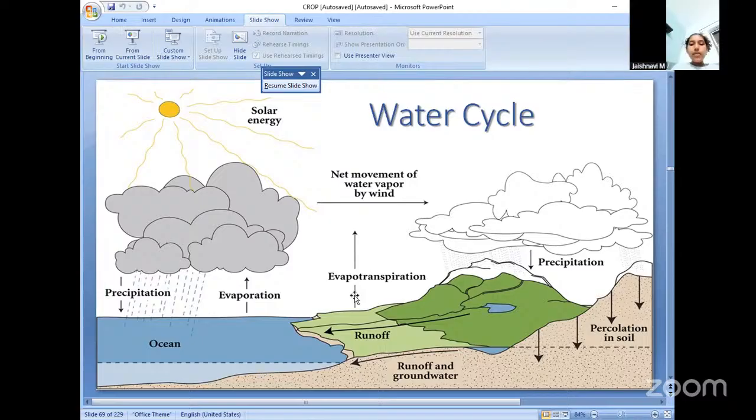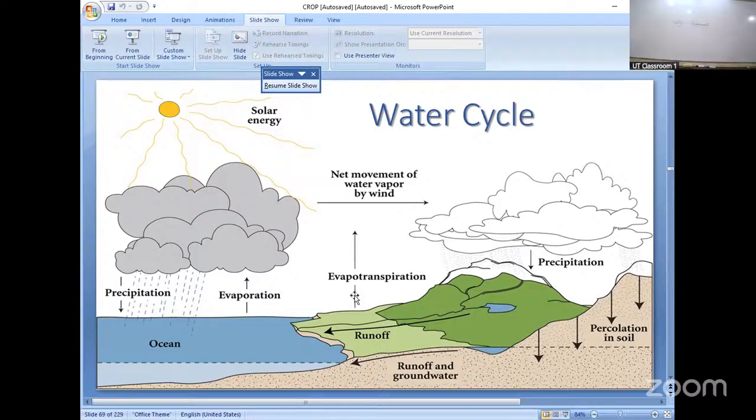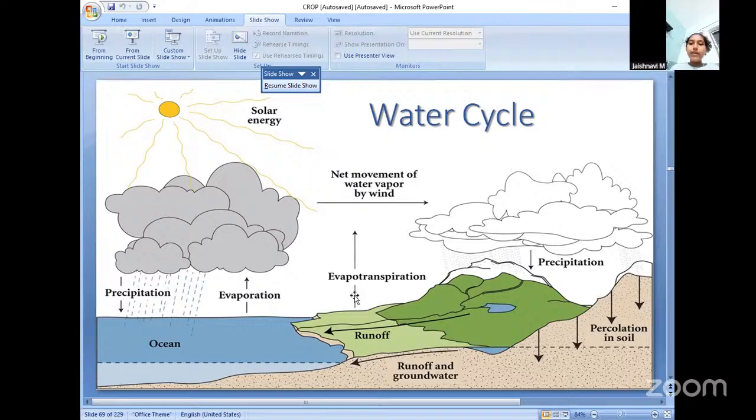Ma'am, first evaporation happens. The water gets evaporated and is converted into water vapor. Then clouds are formed. Then through precipitation the water comes again to the ground, and some of the water goes into the soil and is preserved as groundwater.